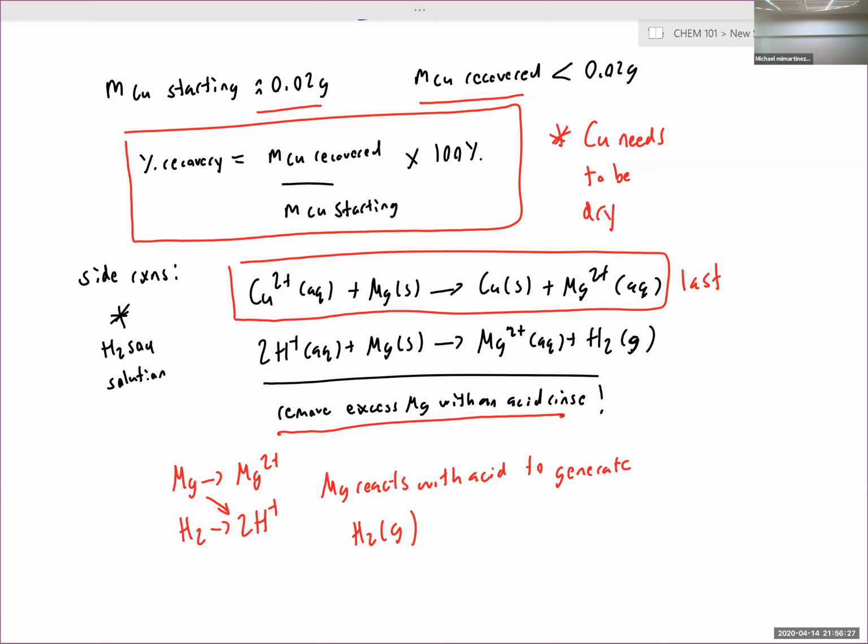So the key reasoning behind this trick: magnesium reacts with acid, copper doesn't react with normal non-oxidizing acids. Does that make sense to everyone? Does everyone understand what's going on here? This may be important to answering one of the questions on your report.